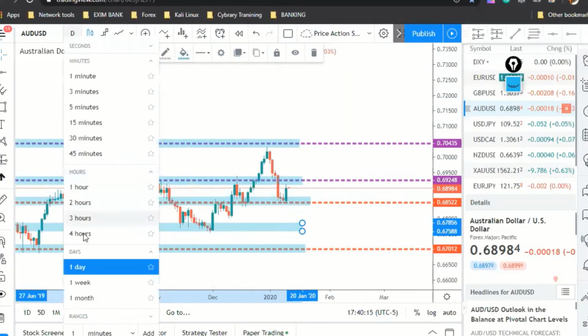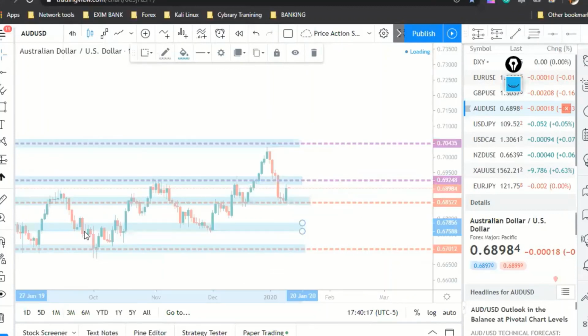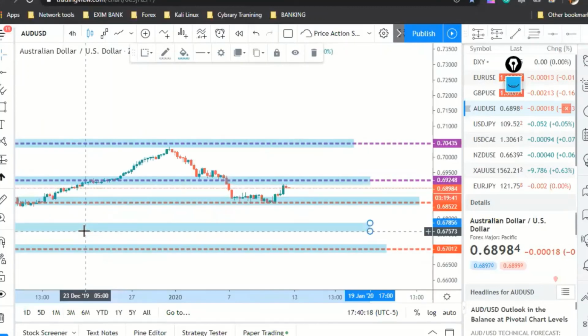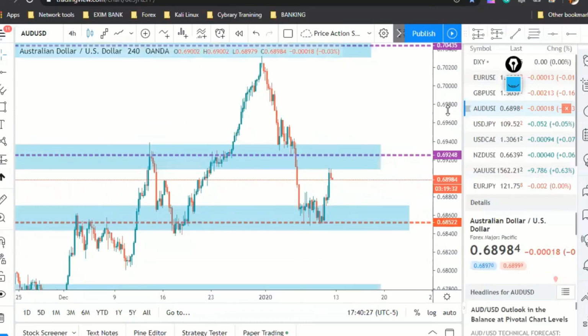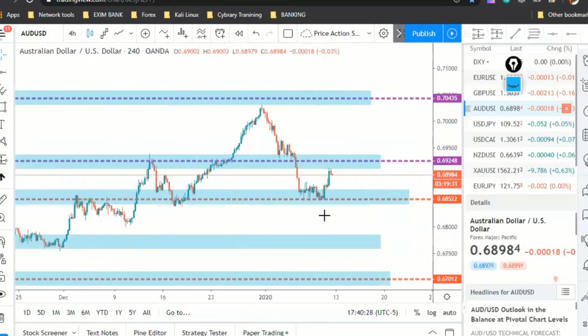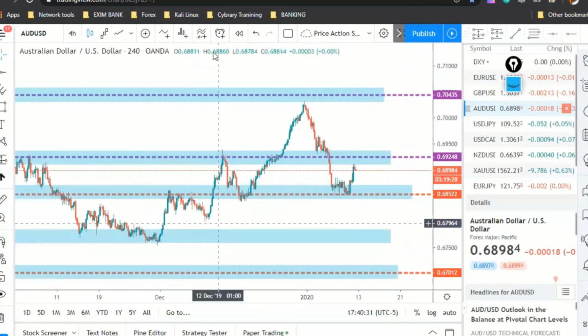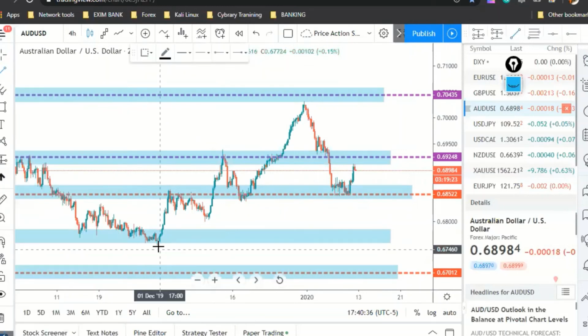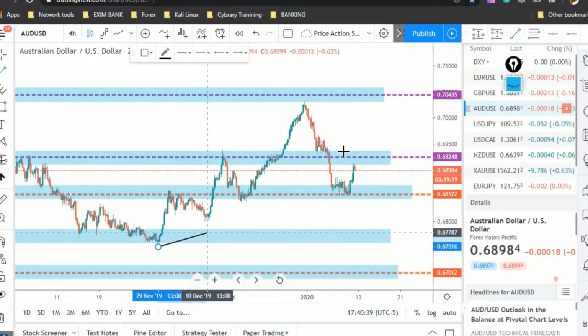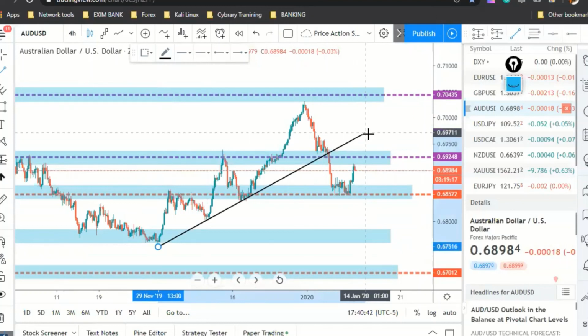So it's a pretty simple concept. You draw the lines on the daily chart, then you drop to the lower time frame and look for an entry. As I said before, the entry is in these candlestick confirmations, and I sent that to you in the group. I will go through that another day, and I will go through trend lines and trend line breaks another day.